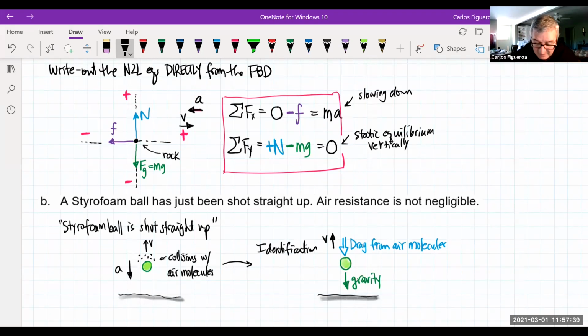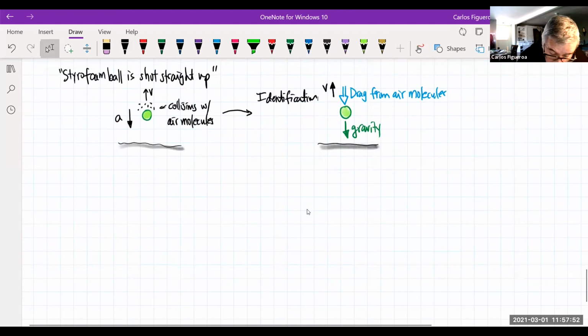So now that I have that identified, I have to draw my free body diagram. I want the mathematical picture.